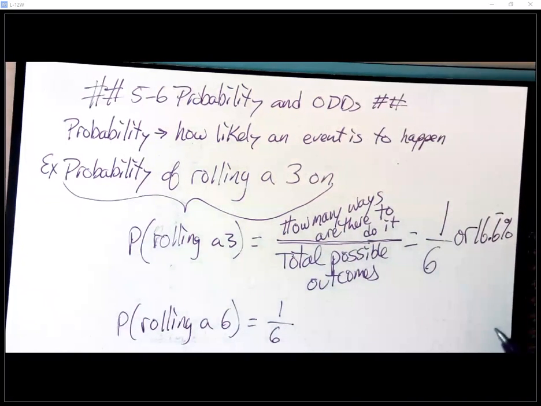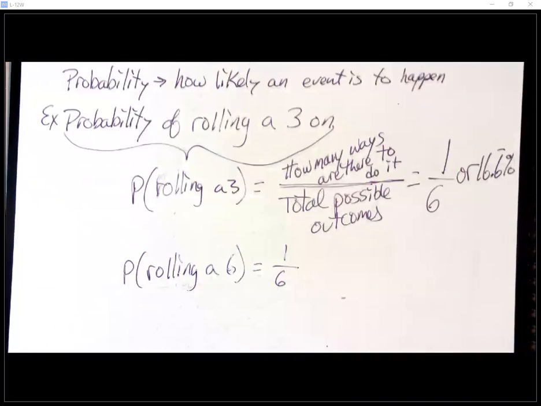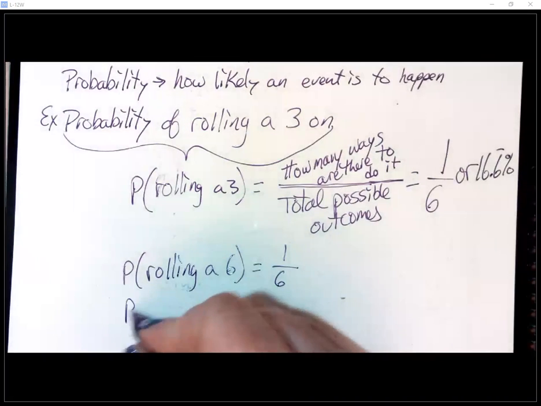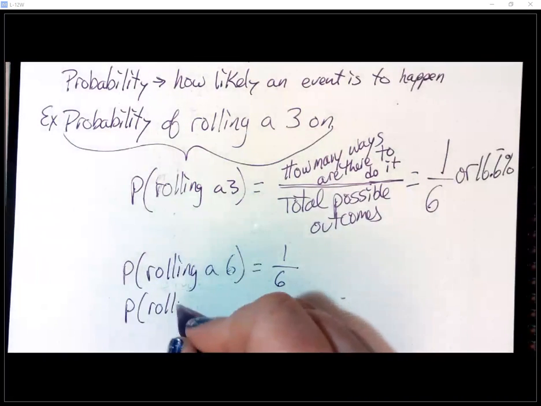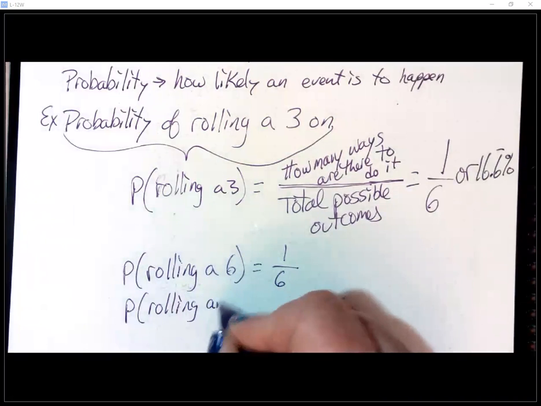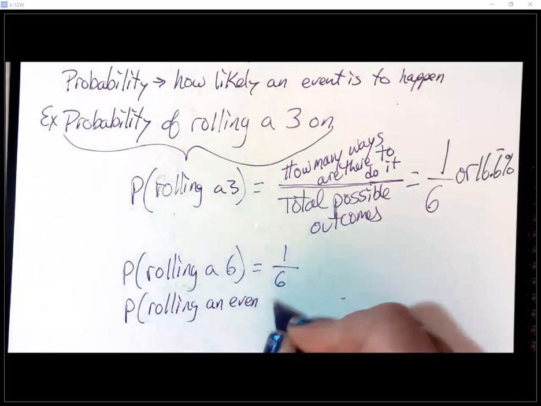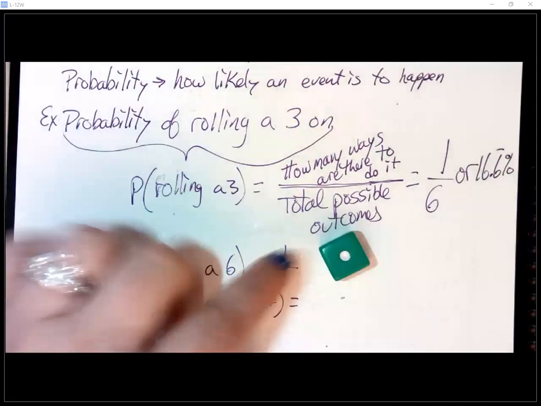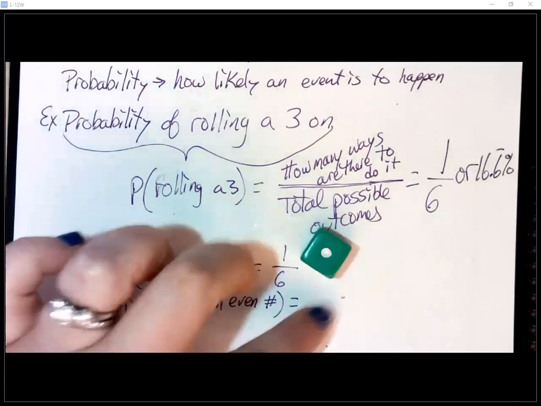Let's make things more interesting then. What would the probability of rolling an even number? So if you stop and think about it, on a normal die, you have the numbers 1, 2, 3, 4, 5, and 6. How many of them would be evens?